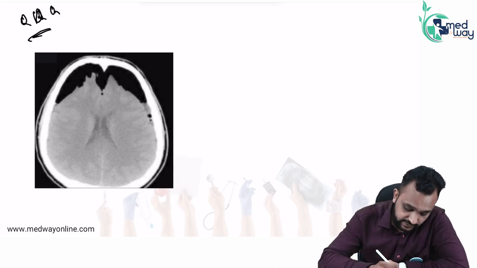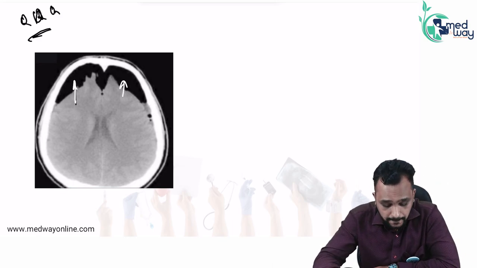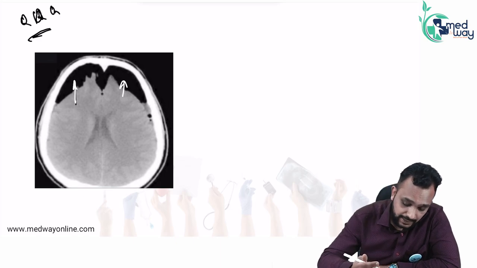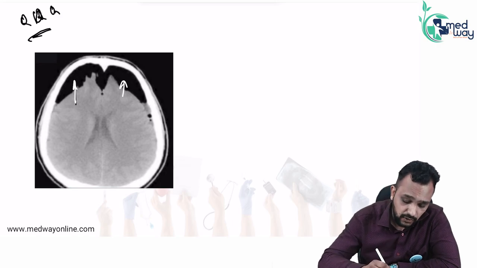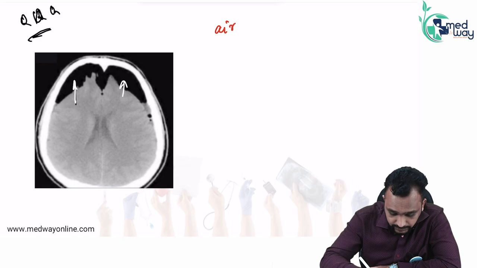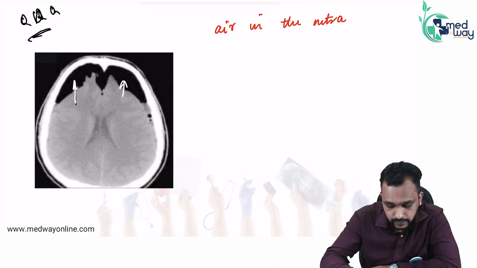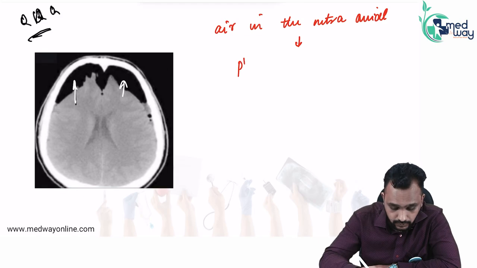So here we can see that there is something black which can be seen in the extraaxial spaces, and this black collection along the extraaxial space is nothing but air in the extraaxial space, and air in the extraaxial space is known as pneumocephalus.